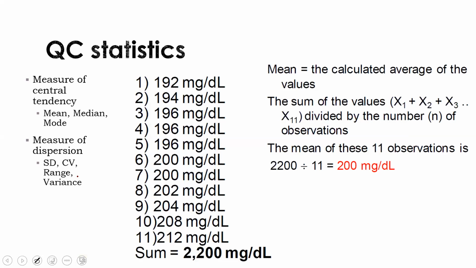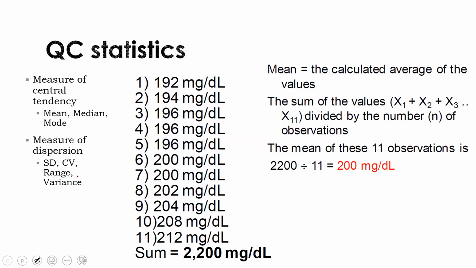So let's look at kung paano mag-calculate ng ating mean at saka ng ating standard deviation. Let's look at basic QC statistics. So first, we need to measure central tendency. We use mean, median, and mode.